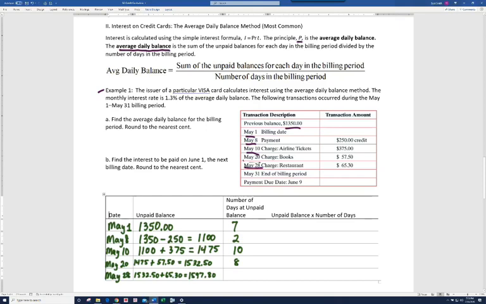28, let's see, why is that not working the way I was thinking? It's not 4 days, I'm sorry. You're going to owe that the 28th, the 29th, the 30th, and the 31st. So it's actually 4 days. So be careful on this last one.